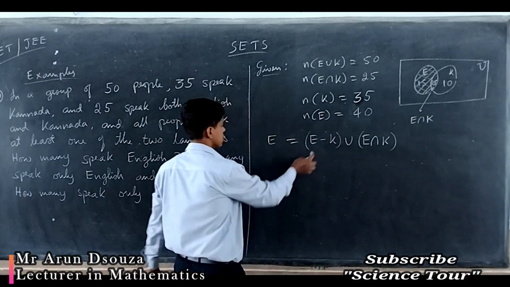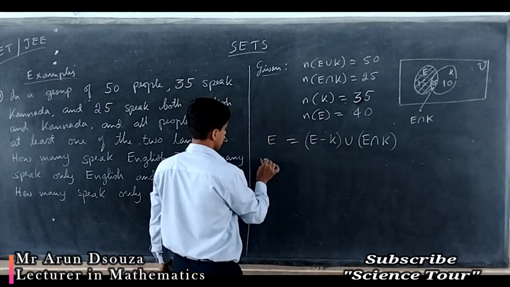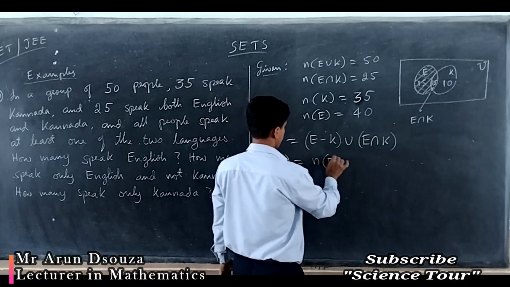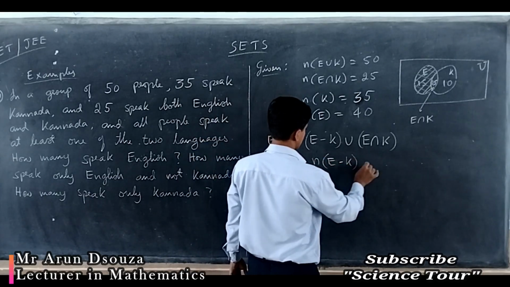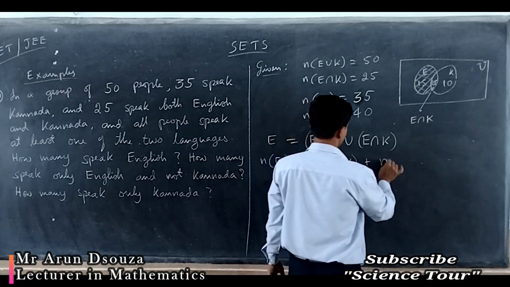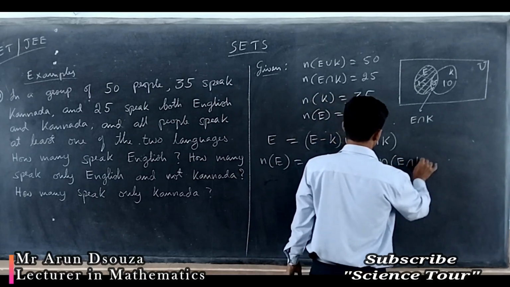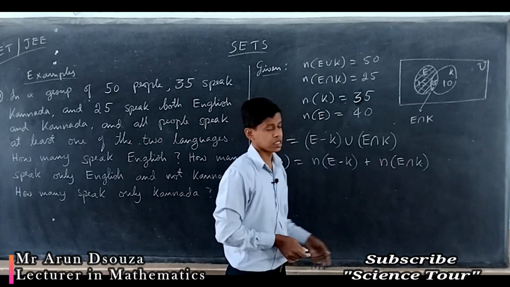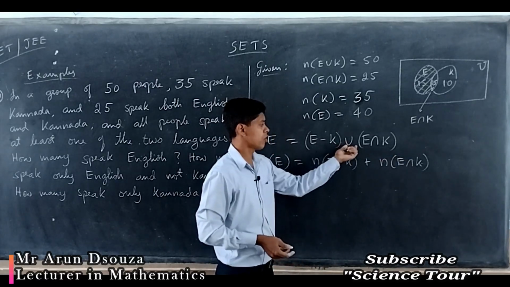So how is this formula now? See, N of E is equal to N of E minus K plus N of E intersection K. Now why am I not writing the next minus? See, what is the union formula?